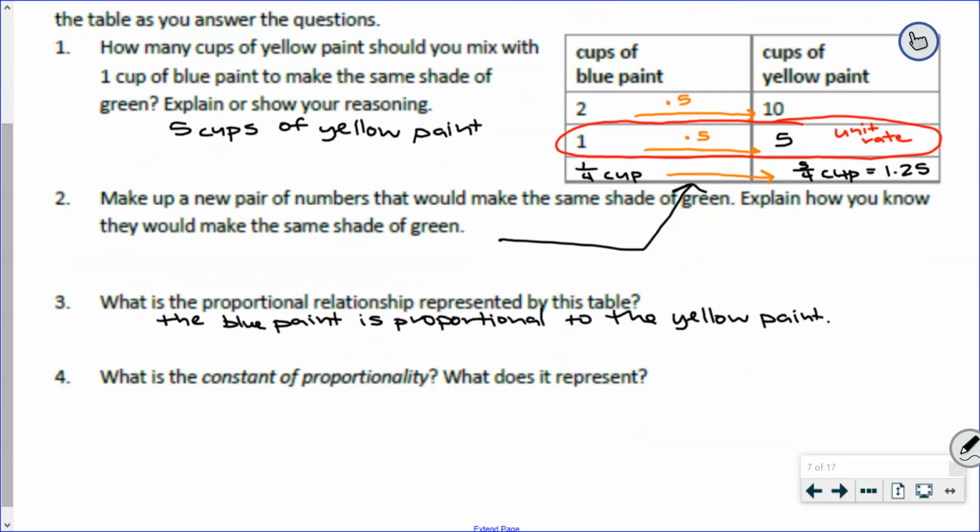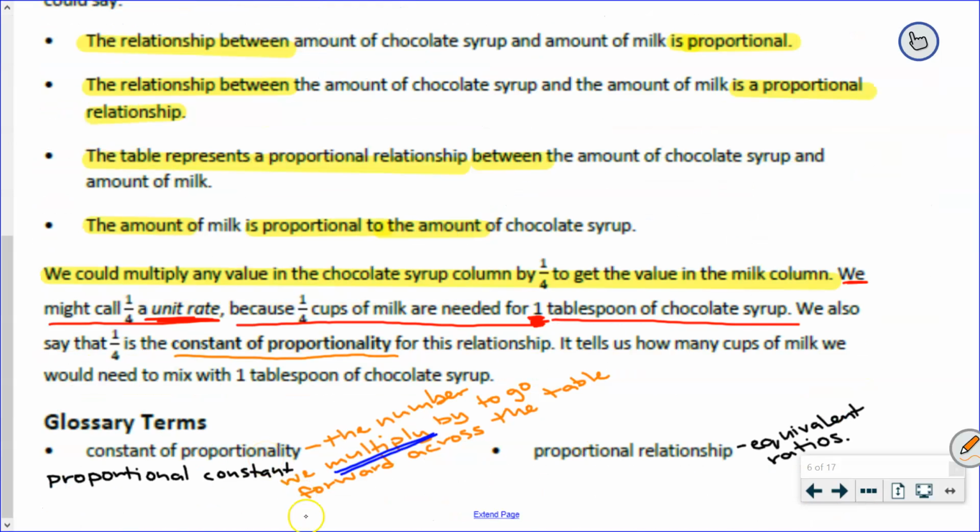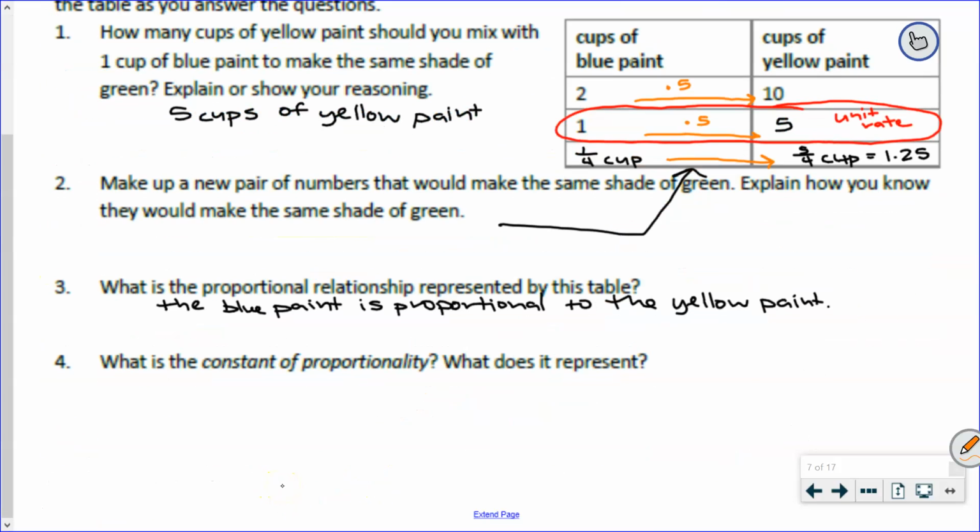And finally, this is where I really want to know who is paying attention all day. What is the constant of proportionality? We might need to review on our summary page. The constant of proportionality is the number we multiply by to go across the table. So what is the number that I am multiplying by as I go across this table? Porter. It is 5. So the constant of proportionality is 5. What does it represent? Let's maybe give ourselves a reminder.